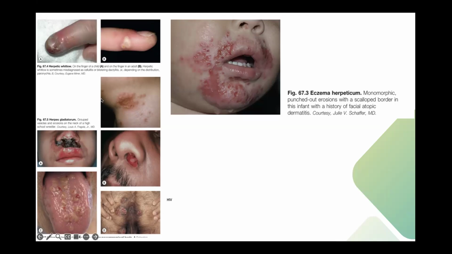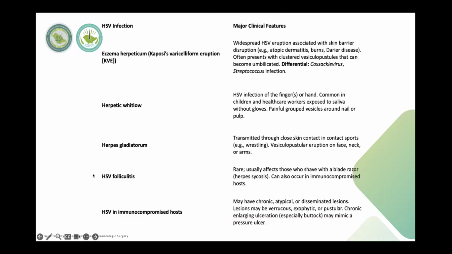And then herpes gladiatorum, usually it will appear in skin contact areas, so for example, axilla. And if it presents with very severe presentation like here, we think about immune deficiency. So this is, as we said, eczema herpeticum. Usually it infects when you have eczema or other skin disease that has skin barrier defect, like for example, Darier disease.